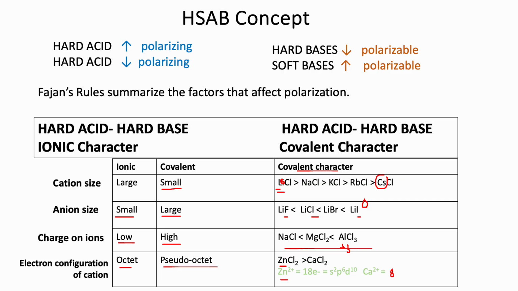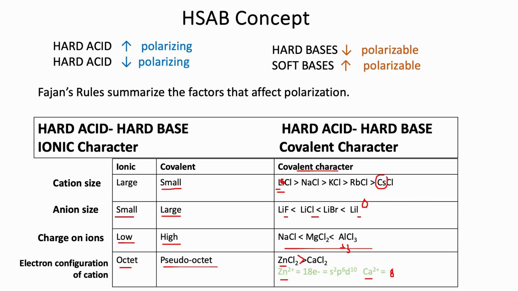Zinc 2 plus has more than 8 electrons compared to calcium 2 plus, which is an alkaline earth metal, not a d transition metal. So zinc chloride would be the more covalent.